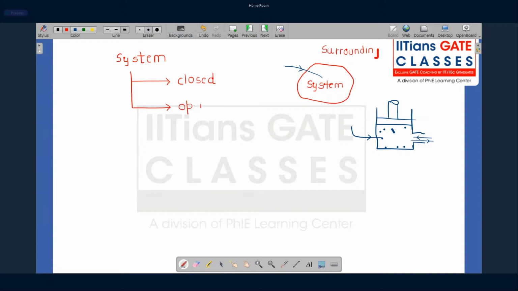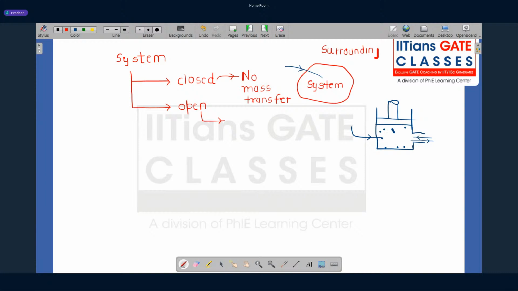So what is a closed system? In a closed system, there is no mass transfer between system and surroundings. In the case of an open system, there will be mass transfer between system and surroundings.